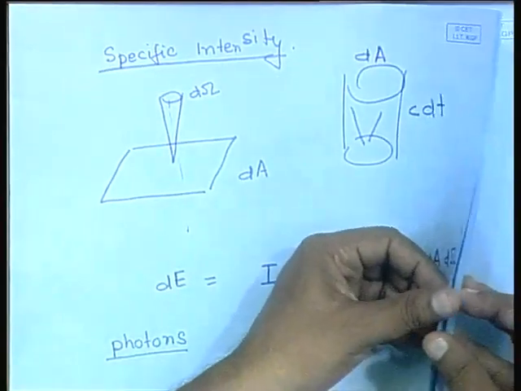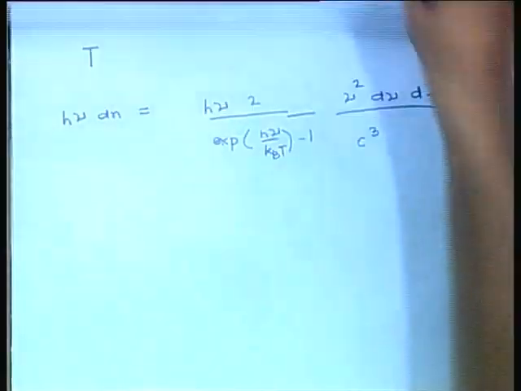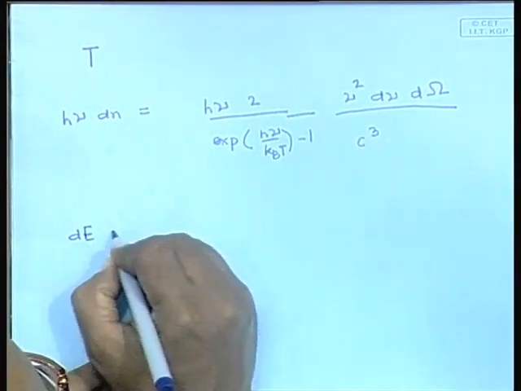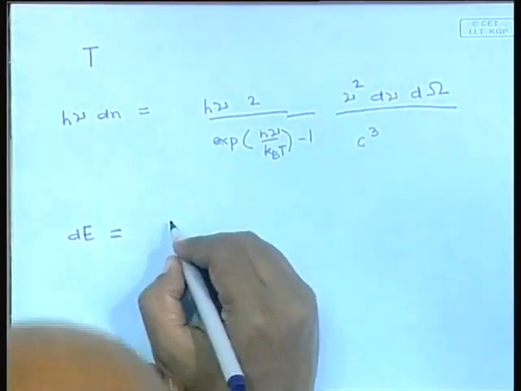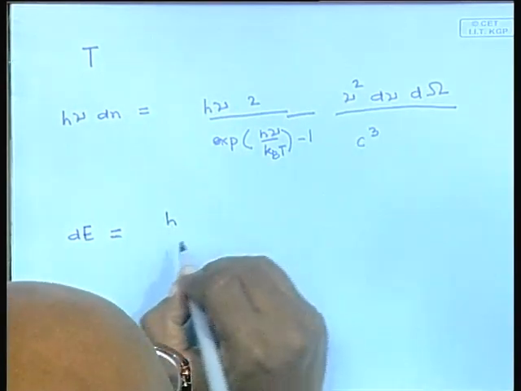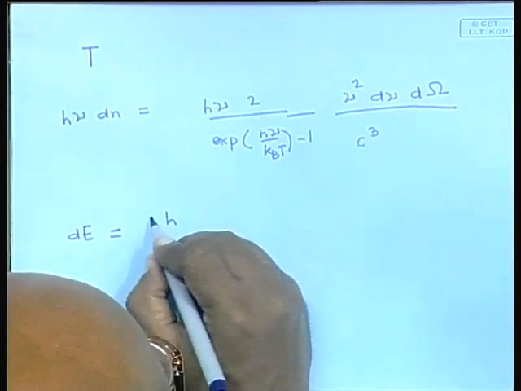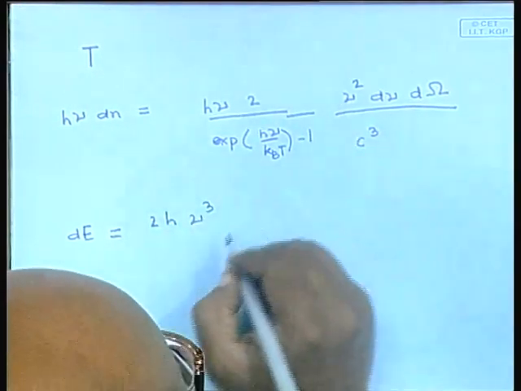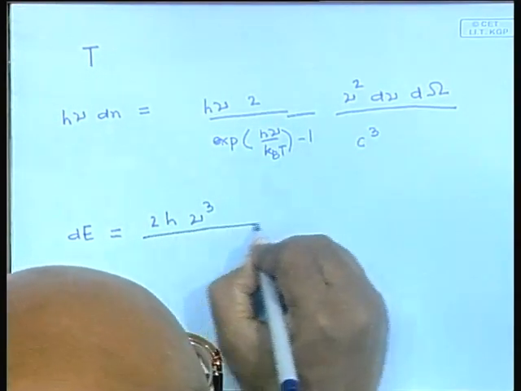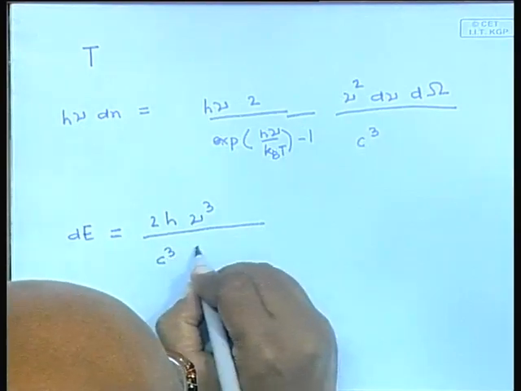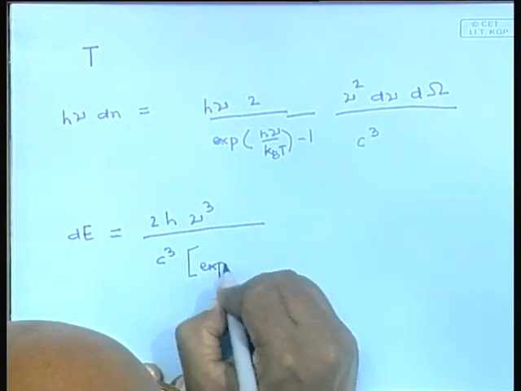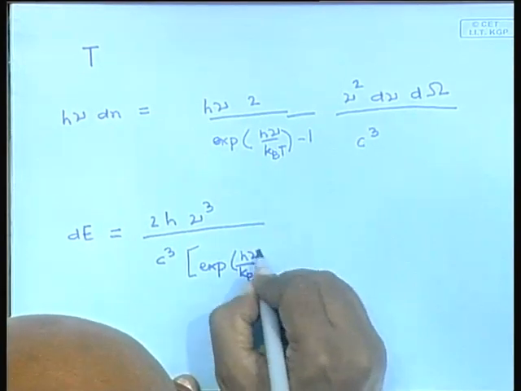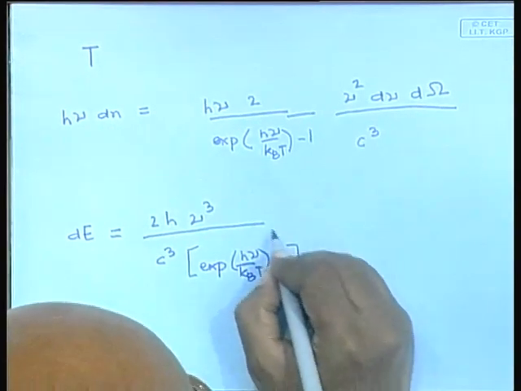So, we can say that dE is going to be this quantity, 2h nu cube by c cube, divided by exponential of h nu by kBT minus 1.